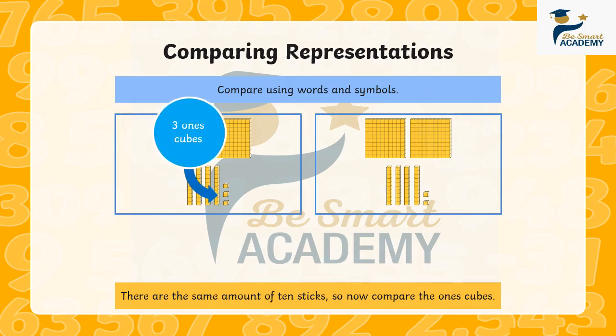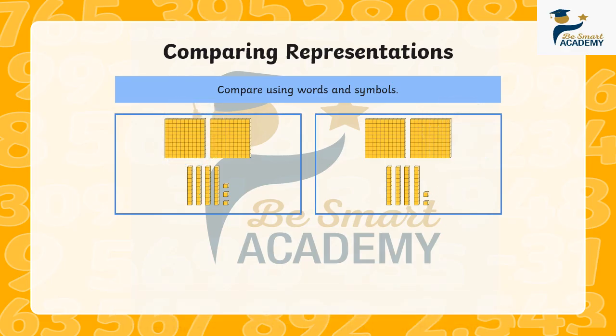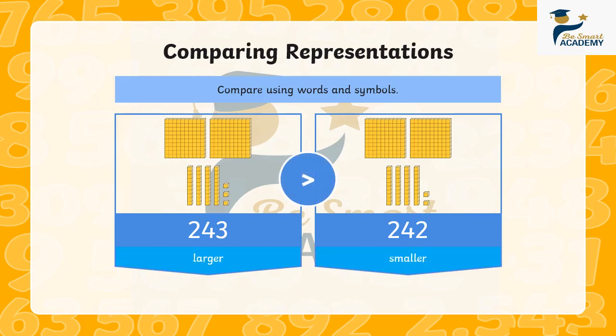Here I have 3 ones cubes and there I have 2 ones cubes. What do I notice? Where did I notice the numbers differ? In the ones digit. So the number that has more ones cubes is larger. In this case, 243 is larger than 242.